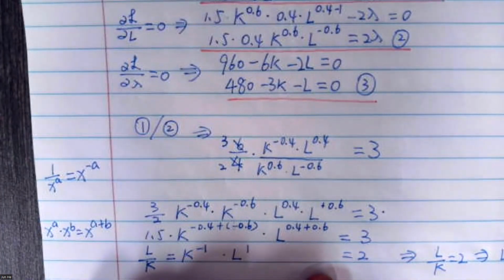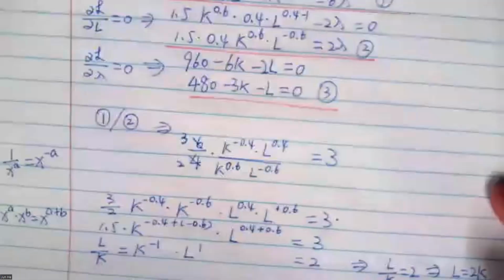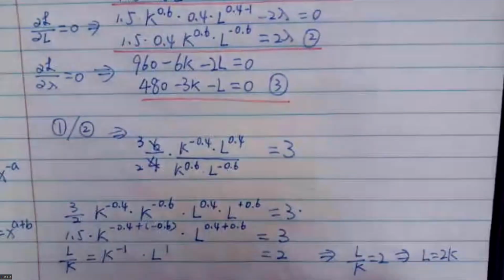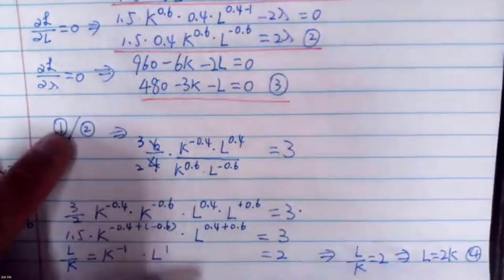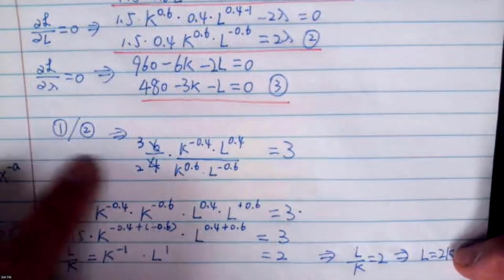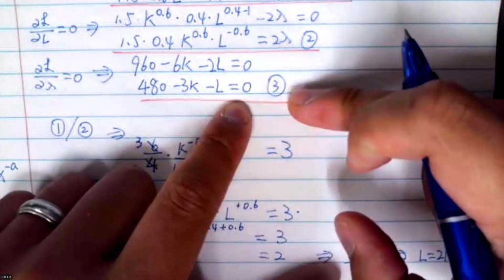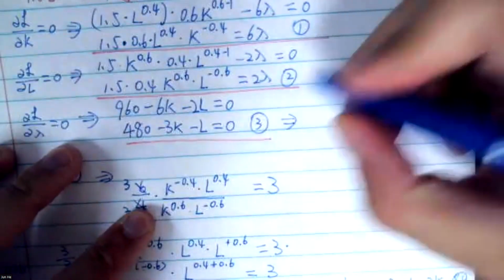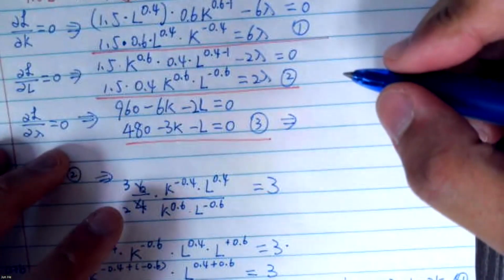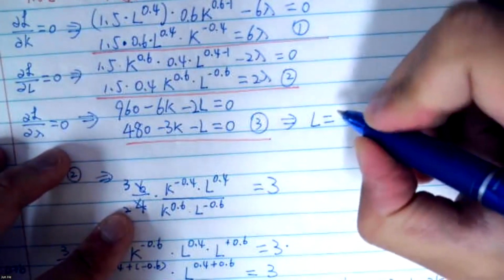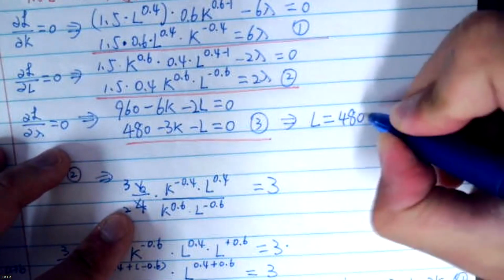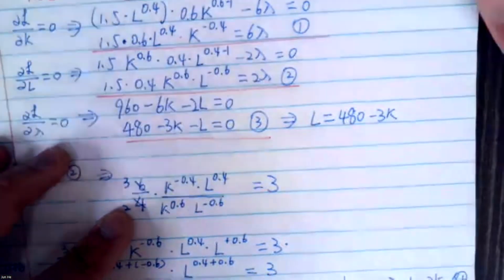That is L equals 2 times K. So that is your equation 4, which comes from a combination of 1 and 2. And take 4 into 3. So 3 is actually L equal to 480 minus 3K.